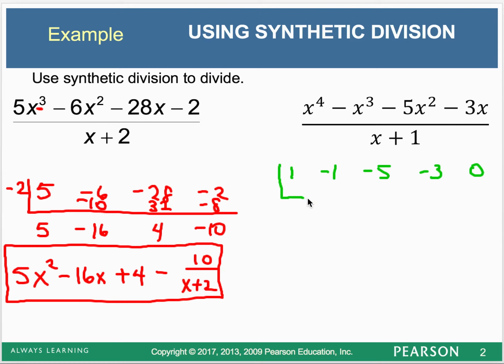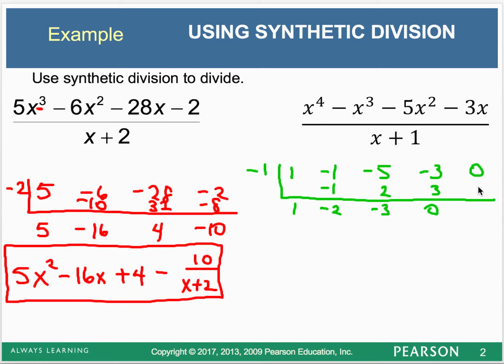Now what are we going to divide by? Negative 1. Bring the 1 down to get us going. Negative 1 times 1 is negative 1. Add these together. Negative 1 times negative 2 is positive 2. Add these together. Negative 1 times negative 3 is positive 3. Add these together.